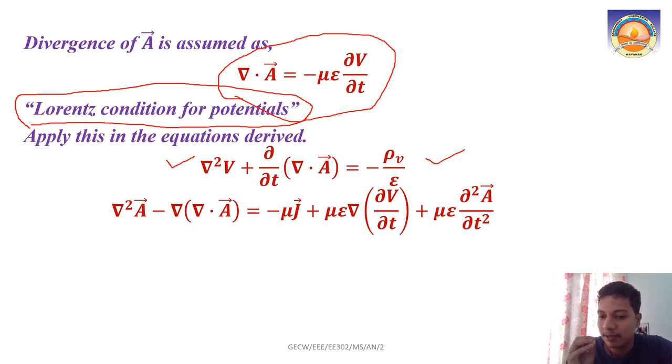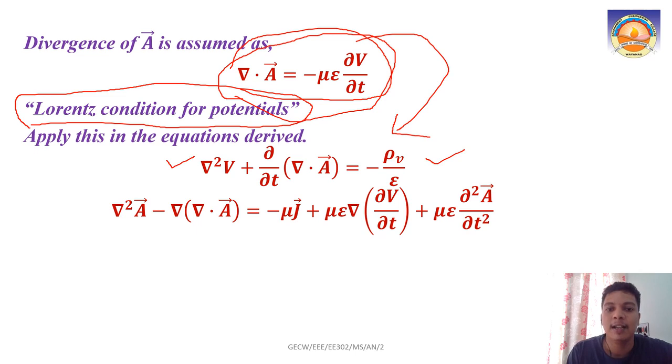I just want you to do this much only. This is our assumption: del dot A equal to minus mu epsilon dou V by dou T. This assumption means in place of del dot A, you have to substitute this equation. Apply that into these two equations.